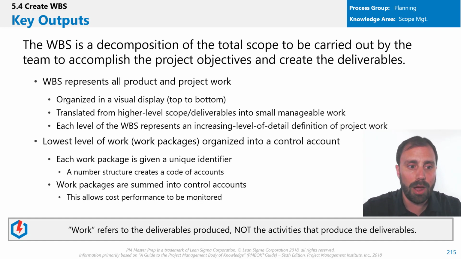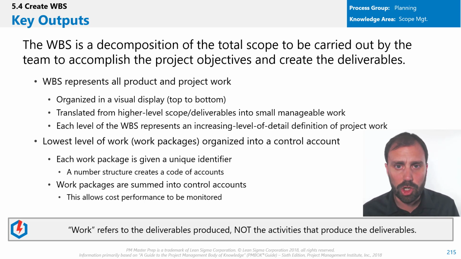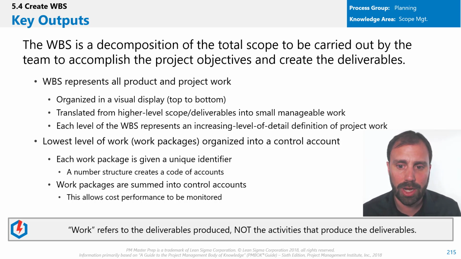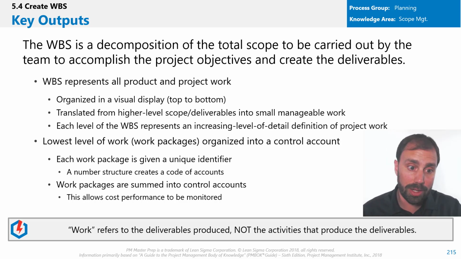That's great. And so the lowest level, this is a concept that you need to know, is called a work package. It's organized into control accounts. You're going to have a PMP question based on what is the lowest level of work? What's that called? A work package. You got the answer right. Each work package is usually given a unique identifier, and a number structure creates a code of accounts for these things.